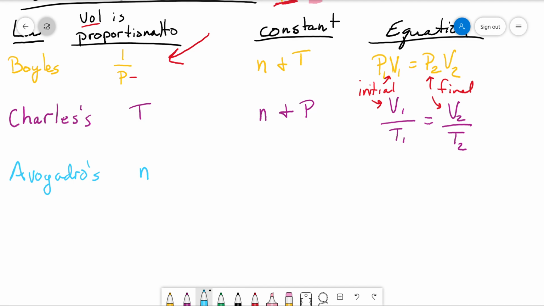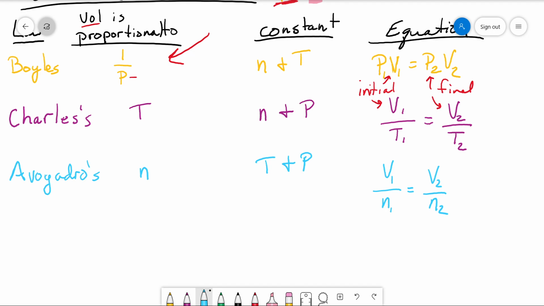That just means that if you have more moles, the more moles occupies a larger volume. So take a balloon, blow some more gas or air into it, and it gets bigger. Okay, and then what is constant? Pressure and temperature are constant. And Avogadro's law, V1 over N1 is equal to V2 over N2.